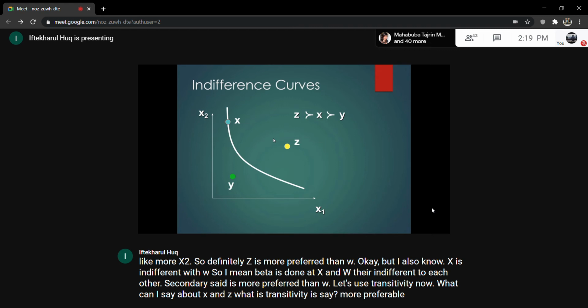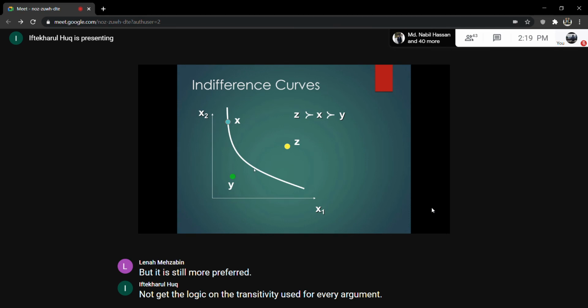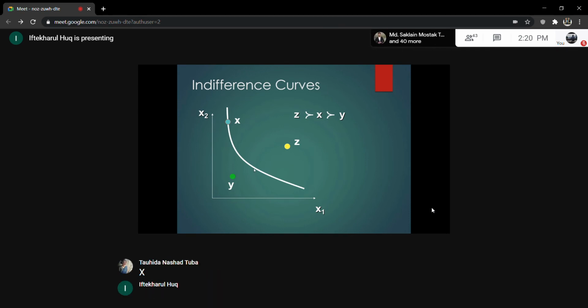Z is still more preferred. না, কিন্তু লজিকটা কি? মানে ট্রানজিটিভিটি ইউজ করে আমি আর্গুমেন্টটা দিতে চাচ্ছি। মানে আমি আবার বলি আপনাকে, if possible can you guys just write it down?